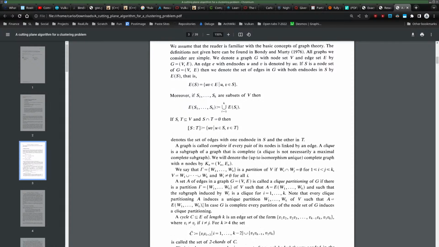Yeah, okay, well, isn't that kind of trivial? They turn it around. They say if you have a lot of edges that fulfill that, then you can also find back the cliques.